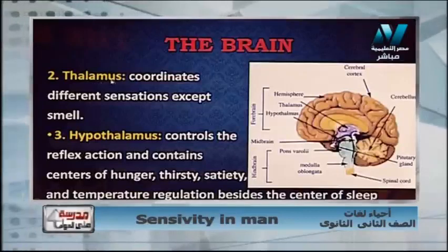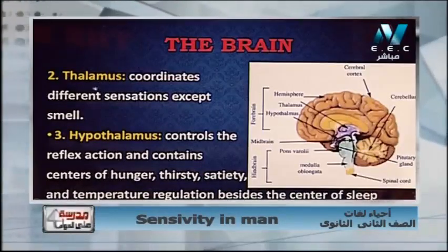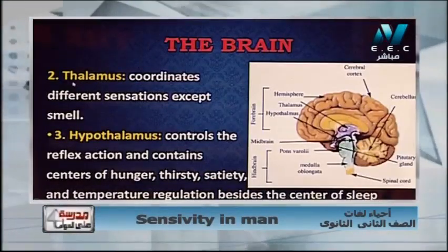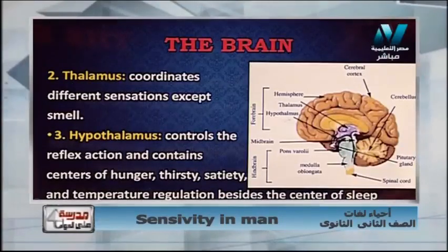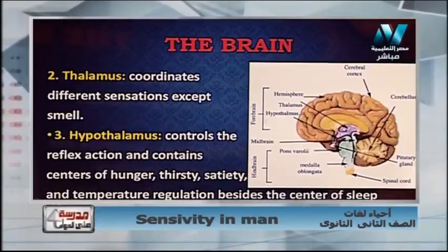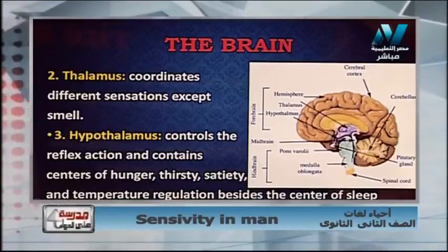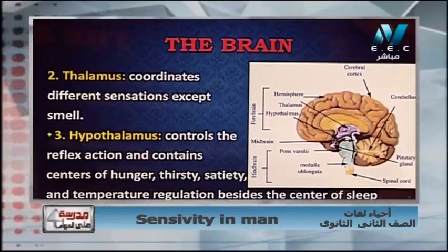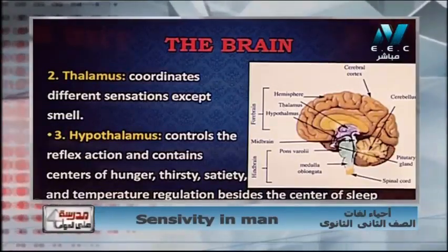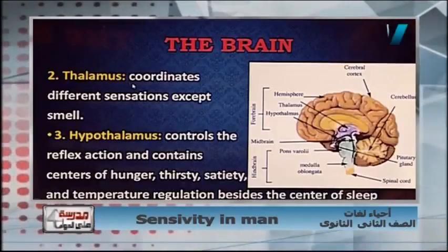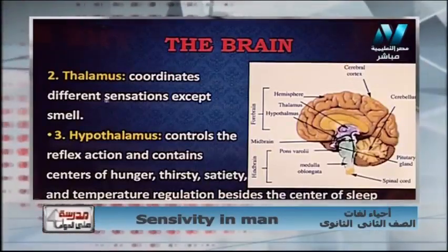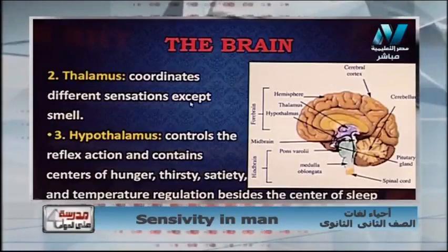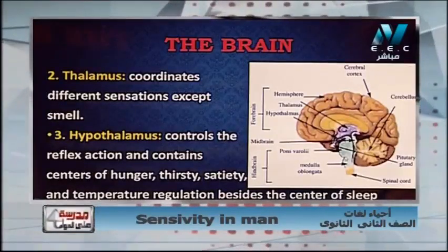The second part of the forebrain is the thalamus. Can you notice the thalamus? Yes, the thalamus is here, colored in pink. It controls or coordinates different sensations of the body, except smell.